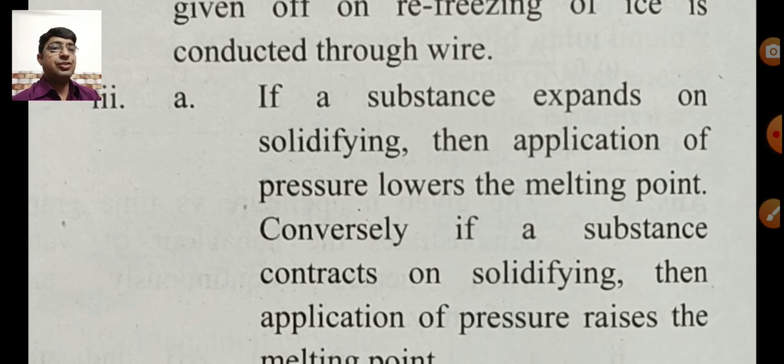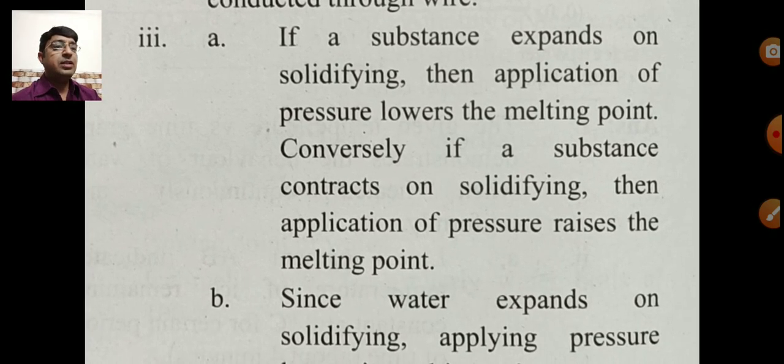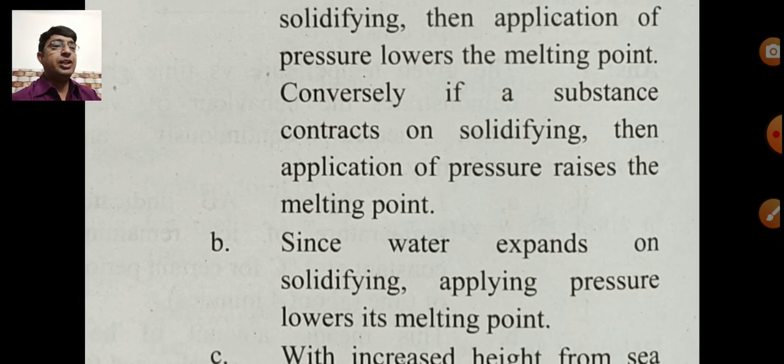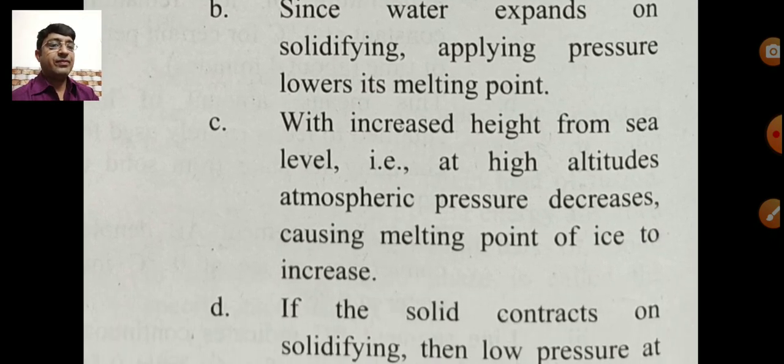Answer to the third question: if a substance expands on solidifying, then application of pressure lowers the melting point. Conversely, if a substance contracts on solidifying, then application of pressure raises the melting point. Since water expands on solidifying, applying pressure lowers its melting point.